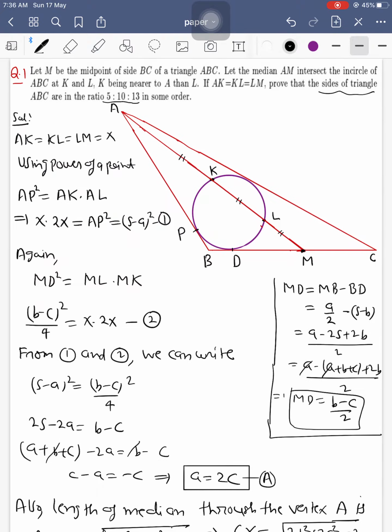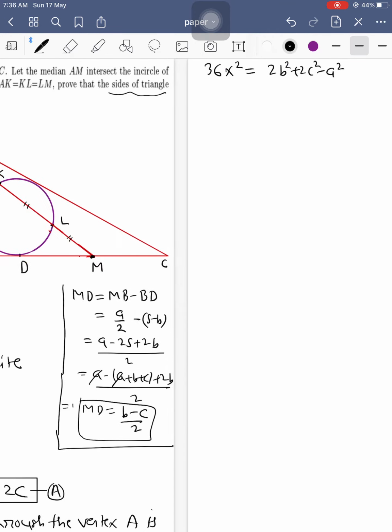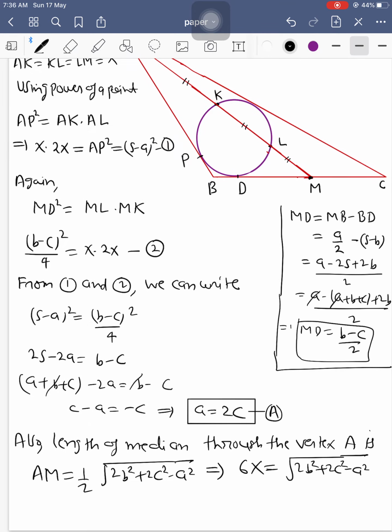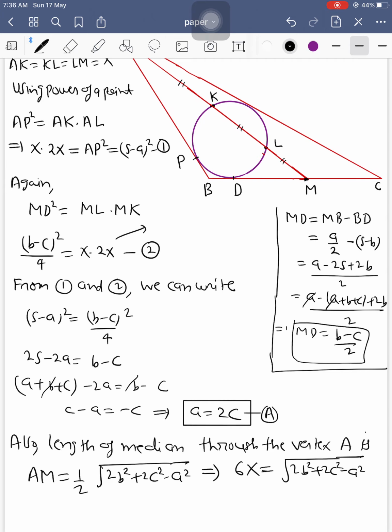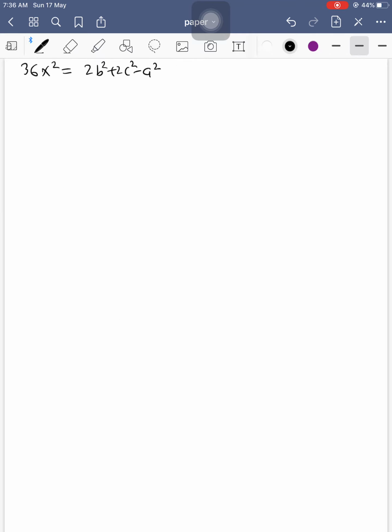After squaring, we can write 36X square equals 2B square plus 2C square minus A square. And the value of X square from equation 2 is (B minus C) whole square by 8. Use this value here.